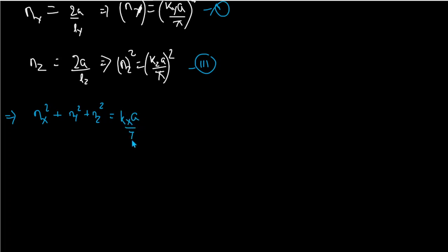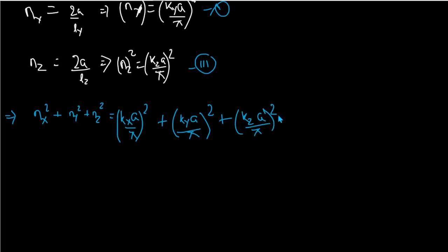kx a upon pi whole square plus ky a divided by pi whole square plus kz a divided by pi whole square.